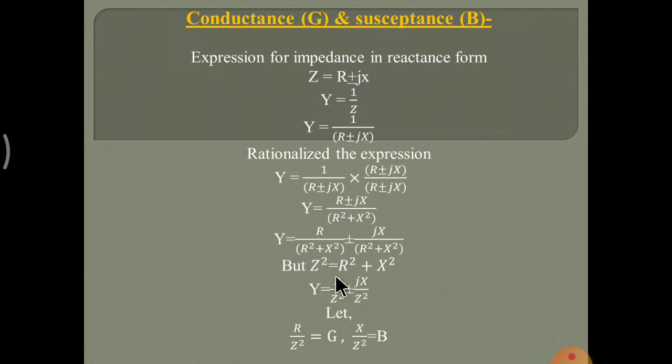But Z square is equal to R square plus X square. If this expression gets squared, then we get Z square is equal to R square plus X square. In squaring, when we square the expression, the minus sign or imaginary part is cancelled.